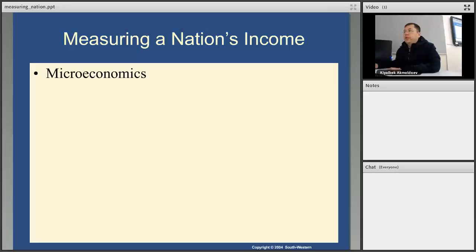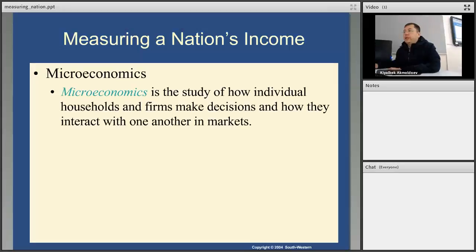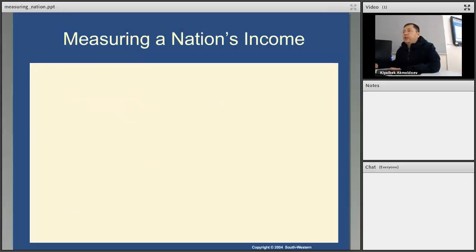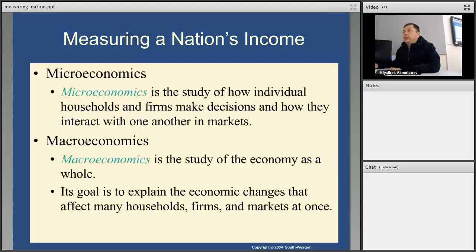Before we start, we will discuss the difference between microeconomics and macroeconomics. Microeconomics is the study of how individual households and firms make decisions and how they interact with one another.